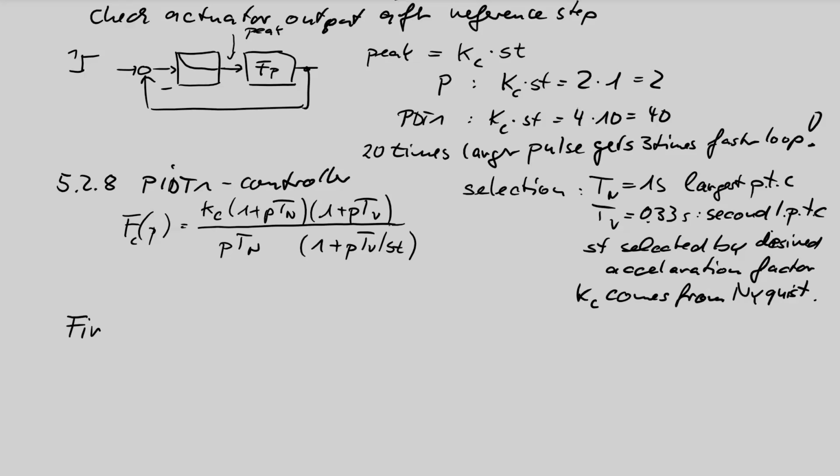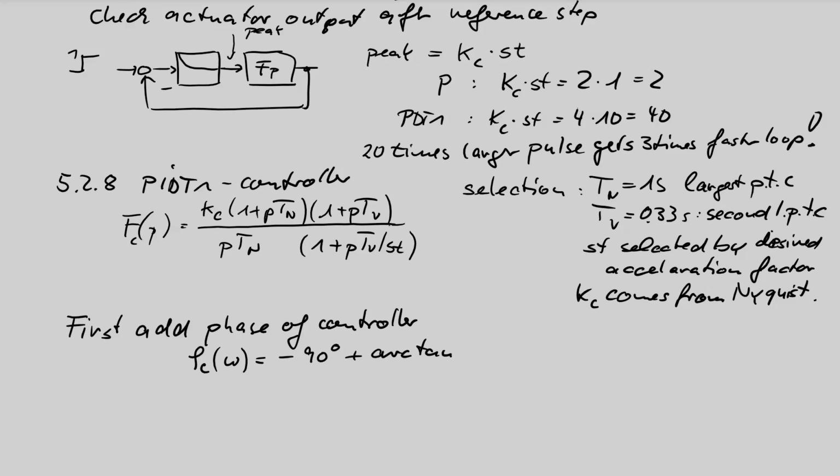What you have to do is first add the phase of the controller, and the phase equation is Fc of j omega is minus 90 degrees plus arctangent omega Tn, that's the PI phase, plus arctangent omega Tv, the PD part, minus arctangent omega Tv over step depth, the phase of the PT1 part.